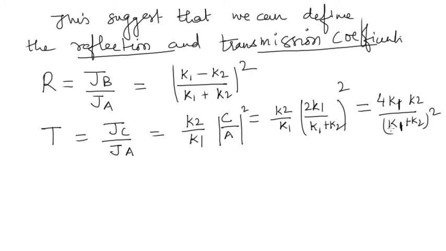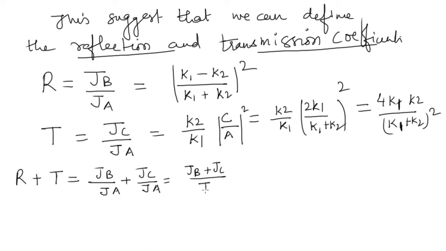Also we can show a very nice thing here, that if I take my R plus T, this is equal to what it should be, total reflection. Whatever incoming wave is there, some part is reflected and some part is transmitted. Nothing can go anywhere. So it has to be 1. R plus T is JB upon JA plus JC upon JA, which is JB plus JC upon JA.